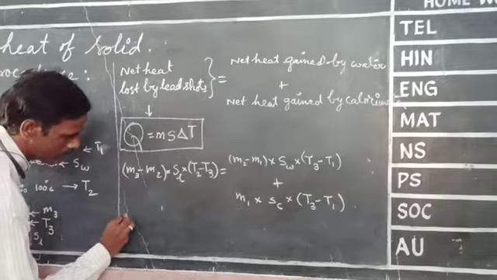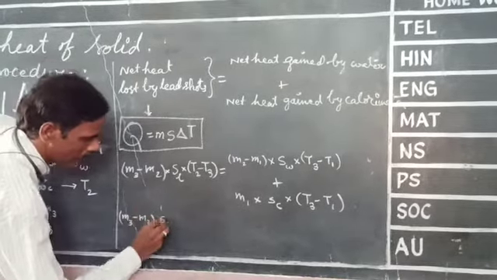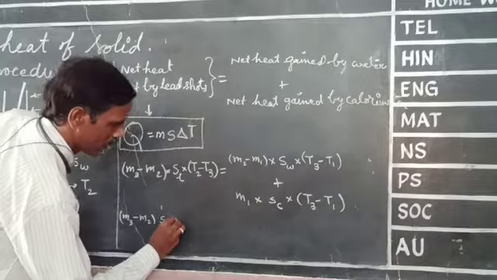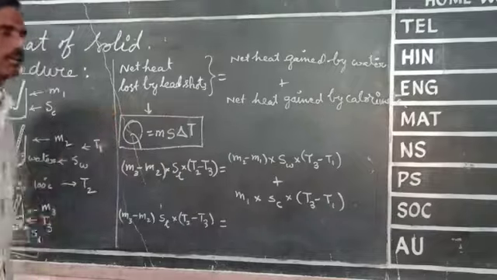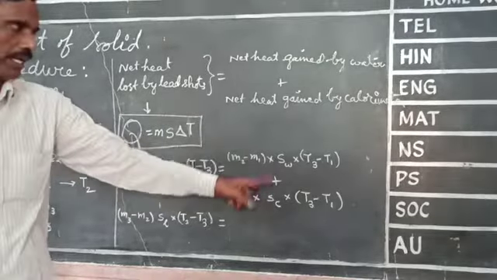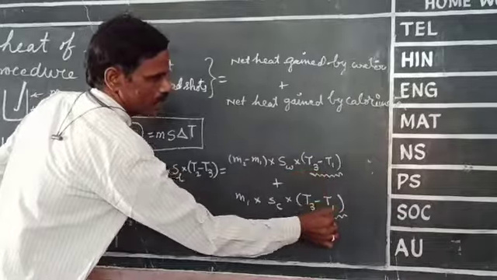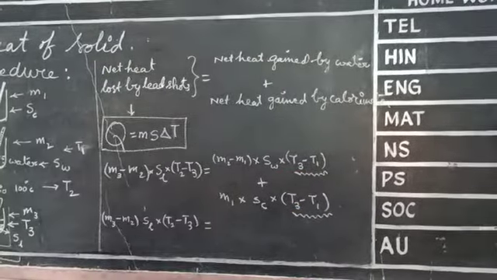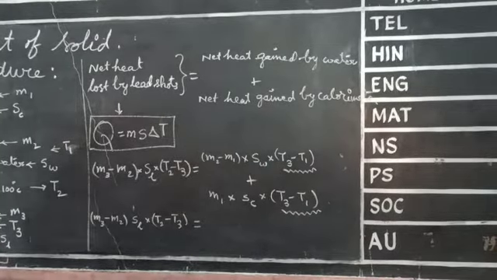Now (M3 minus M2) into SL into (T2 minus T3) is equal to, in addition, here we have a common factor, that is T3 minus T1 in both the terms. So we can take T3 minus T1 as a common factor.